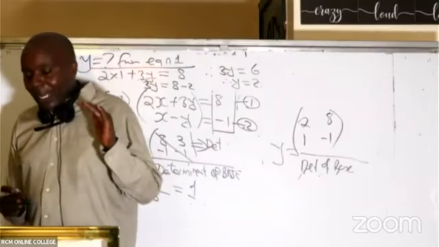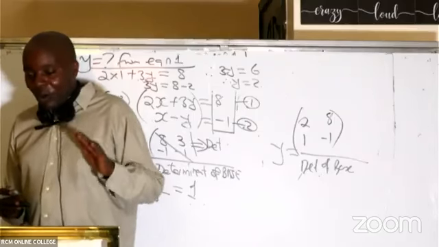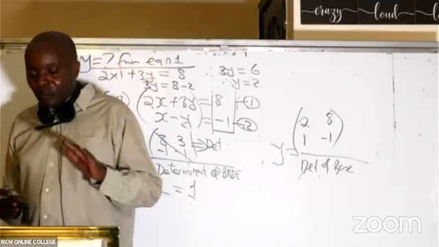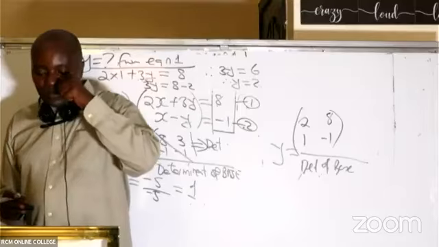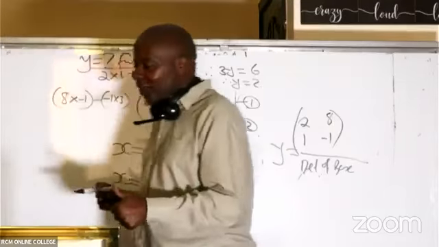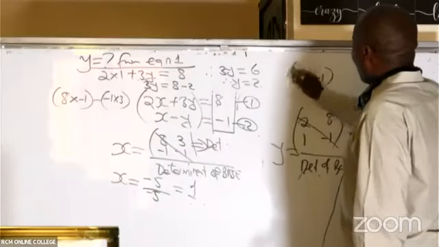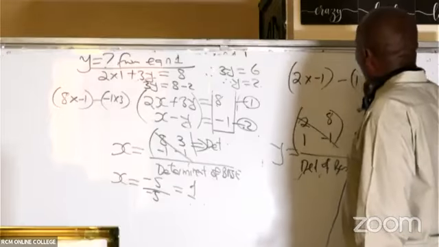I can see Yvonne giving me negative 10. Charles Munene giving me, Fatuma giving me negative 10. Negative 10 from Paula. So remember, it is about primary diagonal, which will be 2 times minus 1, minus secondary diagonal, 1 times 8.